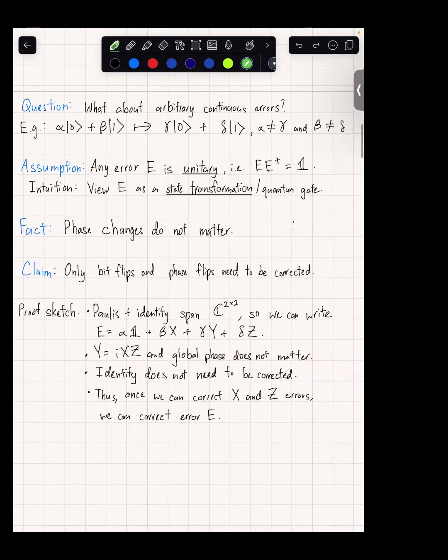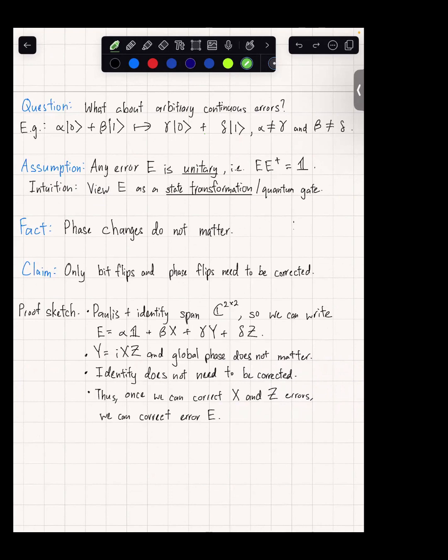Now, at this point, you might wonder, what about arbitrary continuous errors? So let's say we have an arbitrary quantum state like this, and maybe it gets modified to some other state, gamma|0> plus delta|1>, where gamma and delta are arbitrary coefficients in the complex numbers. To answer this question, we need to first state some assumptions and facts.